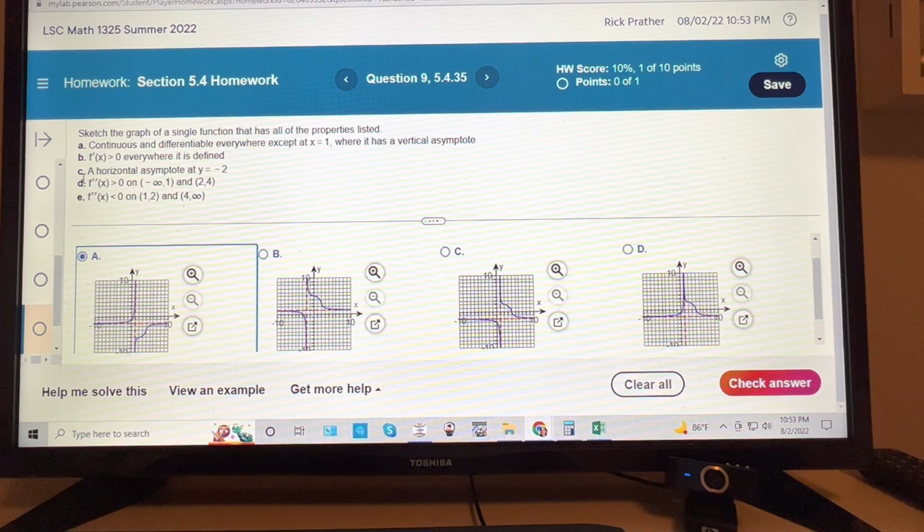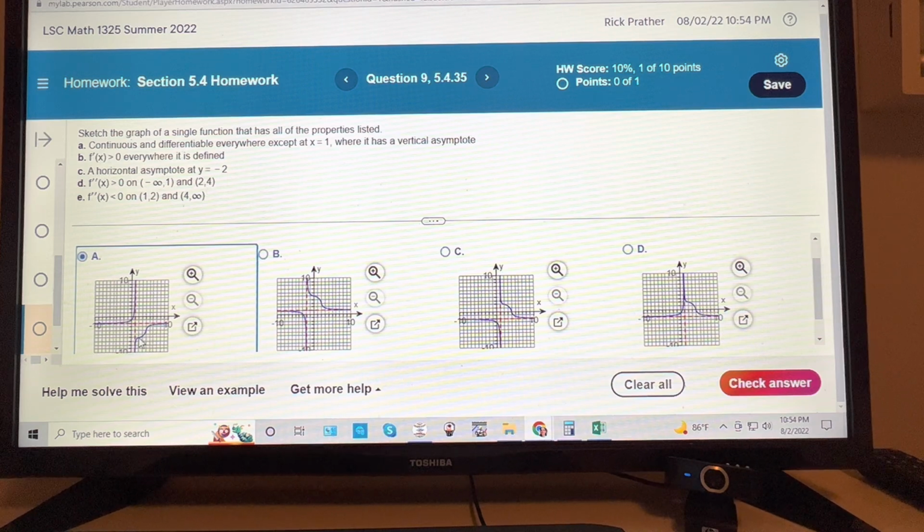But we can check the other ones, too. A horizontal asymptote at -2, yes. Its second derivative is positive from -infinity to 1. Positive second derivative means you're concave up. So notice that from -infinity to 1, it's curved upward, concave up. And it's also doing so from 2 to 4.